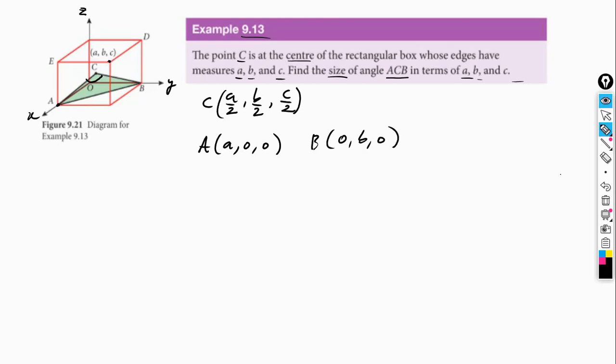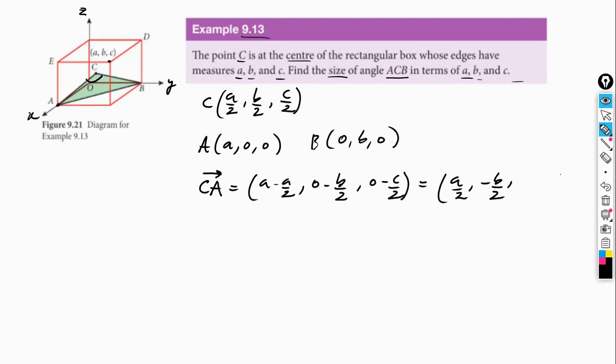So that means that vector CA is going to be equal to A minus A/2, comma, 0 minus B/2, and 0 minus C/2. And this is obviously going to be (A/2, minus B/2, minus C/2).